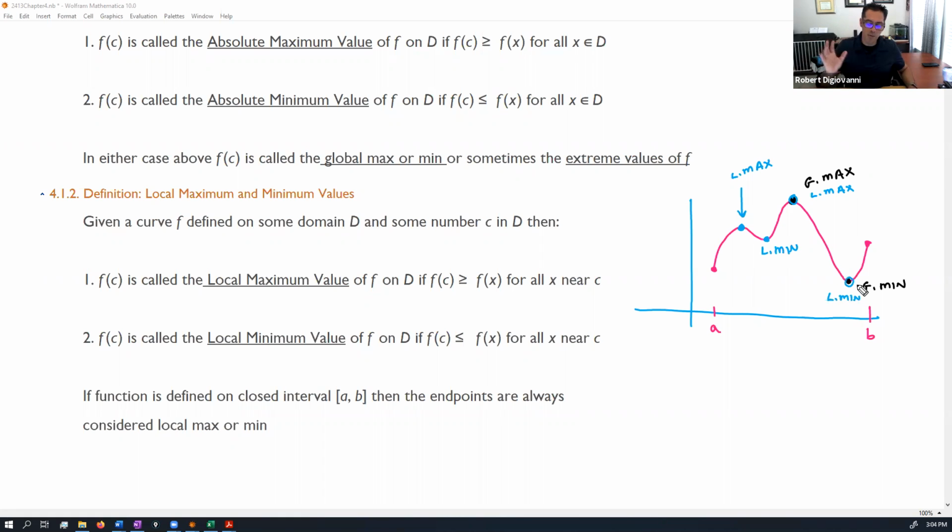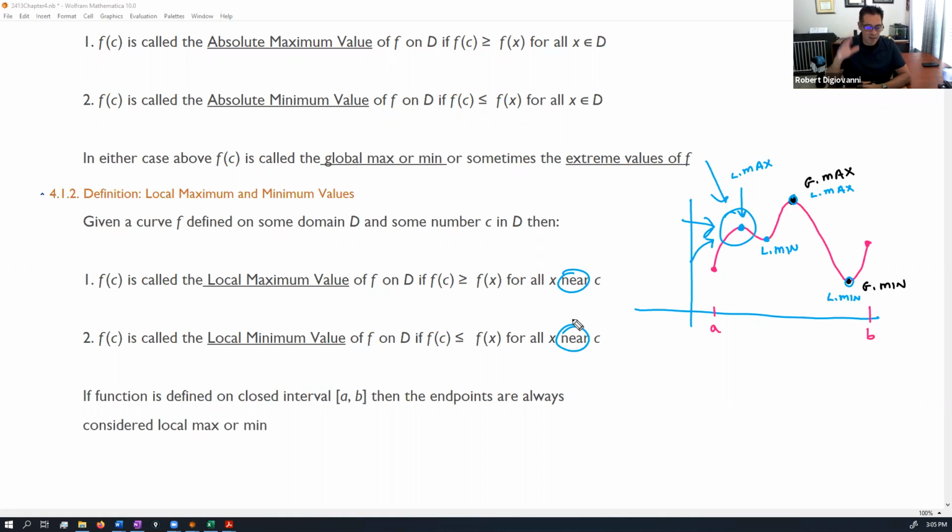What makes locals weird is that when you talk about king of that mountain, when you're looking at that one right there, that point is the local maximum. It's the king of that little mountain. So you have to be looking only in a little neighborhood, which is why in the definition we say near. And we've talked about this in this class already, that near is tricky when it comes to math, because what does near mean?